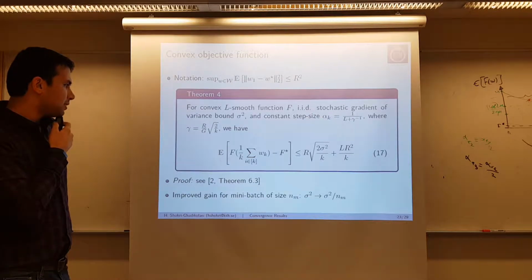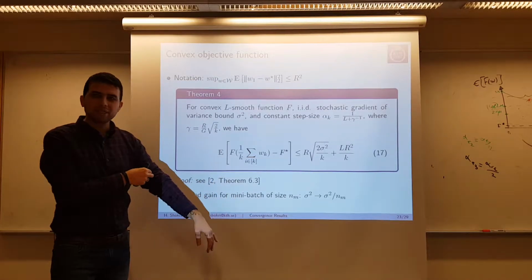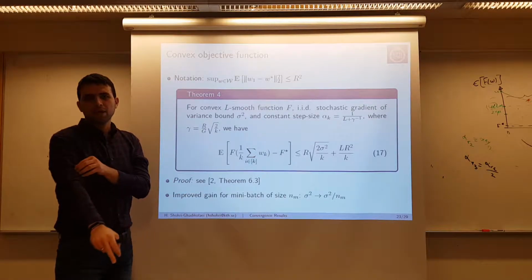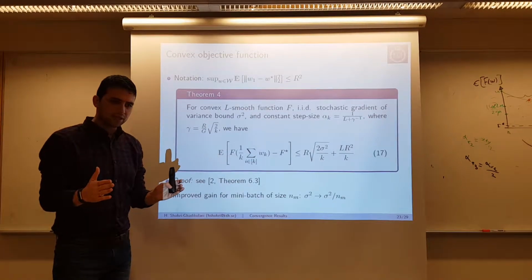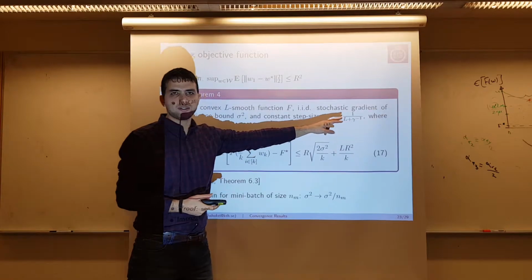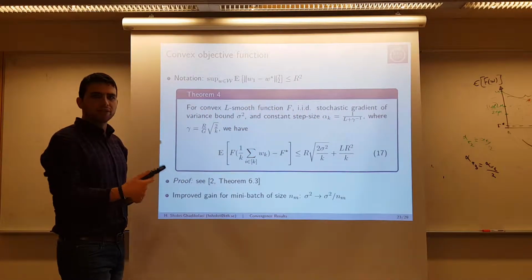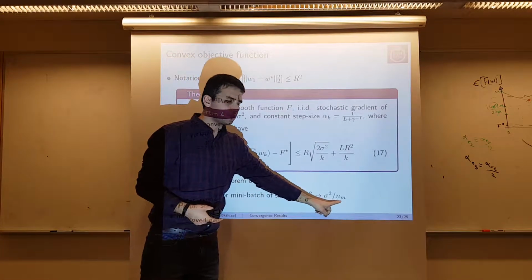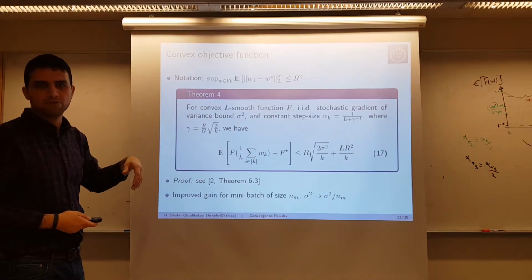Improved gain for mini batch of size n. I was just saying that here it means what would happen if you go for mini batch. So instead of assuming that the stochastic gradient is based on just one sample, one IID stochastic gradient, if you assume that you have nm IID stochastic gradients per iteration, then you can reduce this variance to sigma squared over nm, and then just plug it in here to see how much gain you will get.